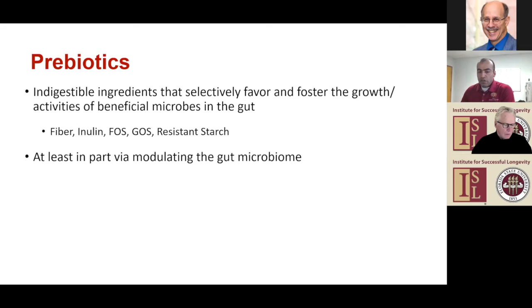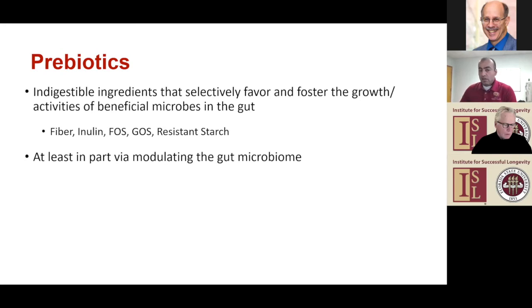Then another component which we are trying to focus on right now is prebiotics. This is another important component. Prebiotics are indigestible ingredients that selectively foster the growth of beneficial bacteria in the gut. And the most common prebiotics being researched are fiber, inulin, galacto-oligosaccharides, fructo-oligosaccharides, and resistant starches.